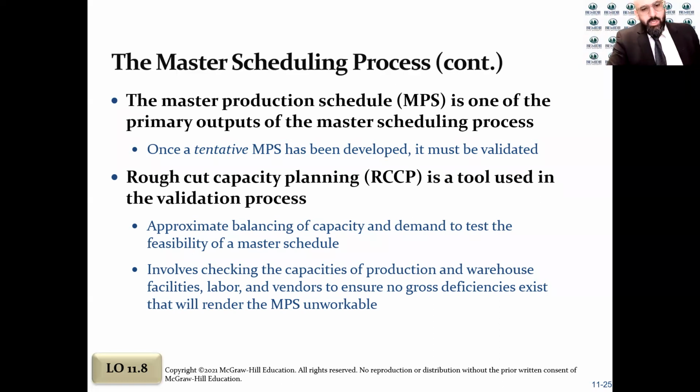What we need is approximate balancing of capacity and demand to test the feasibility of a master schedule. So again, we're going to look into balancing the capacity and the demand. Next, this RCCP will involve checking the capacity of production, warehouse, facilities, labor, and vendor to ensure no gross deficiencies exist that will render the MPS unworkable.